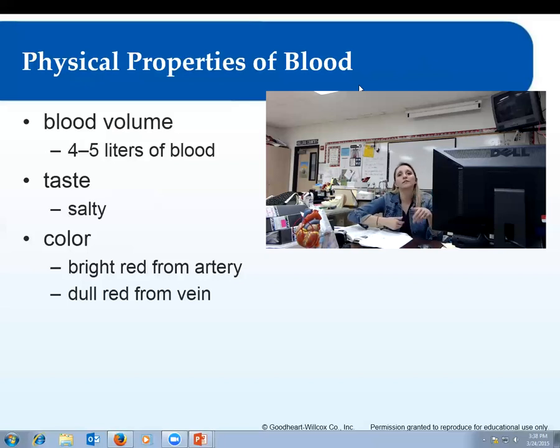That ratio is off, and it's going to make your hematocrit go really high. Another reason you might have a higher hematocrit than normal is if you live at high altitudes. The purpose for that is that it's harder for our blood cells to carry oxygen, and so our body automatically increases the amount of red blood cells so that we can increase the amount of oxygen that can be carried at one time.